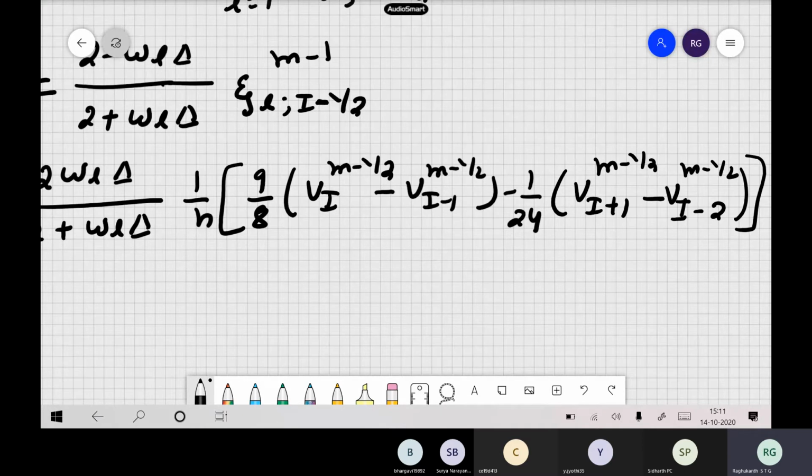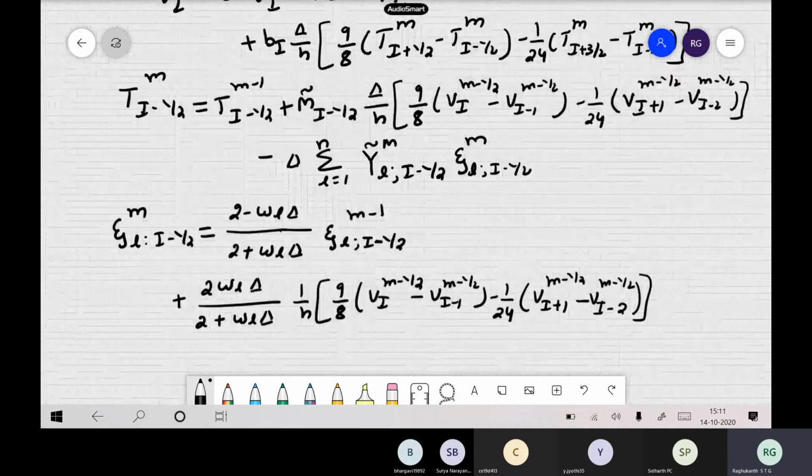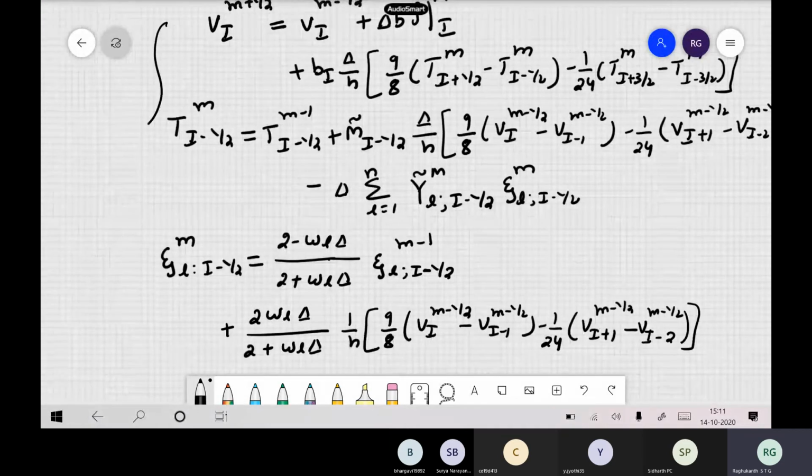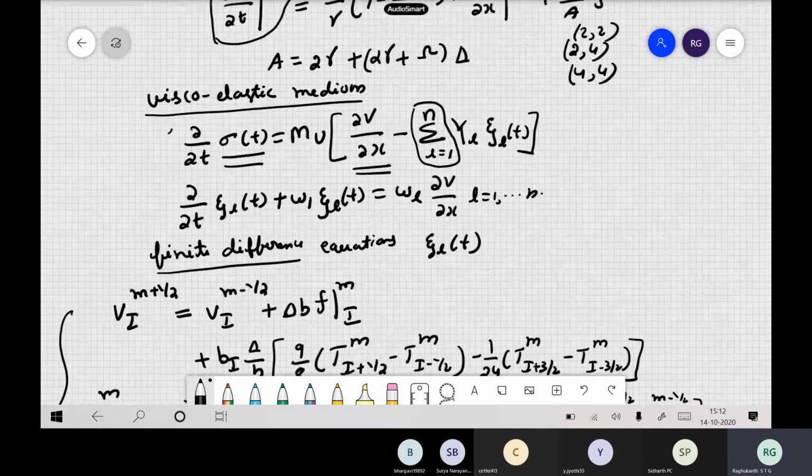So these are the equations for the viscoelastic medium. One is for velocity, another for stress, another for our psi L. So this is the extra term. So we have 3 equations.